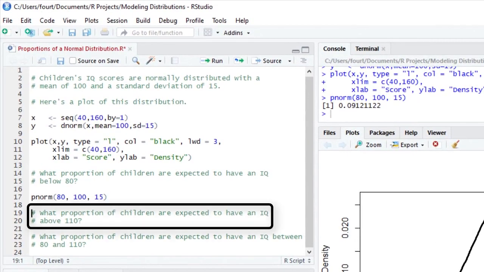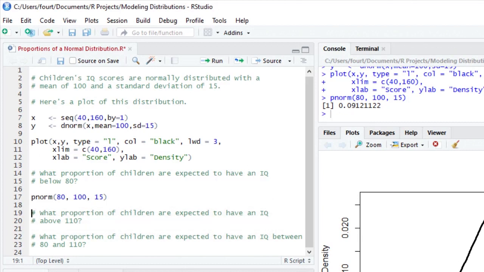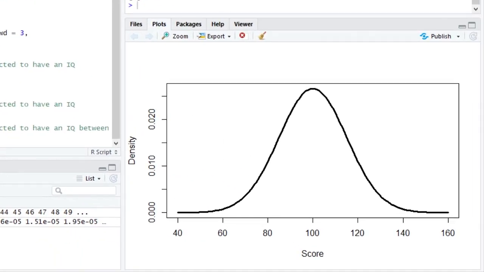What proportion of children are expected to have an IQ above 110? Now, this question requires a little more thought. We know that we can calculate the proportion of children who will score below 110 with p-norm.